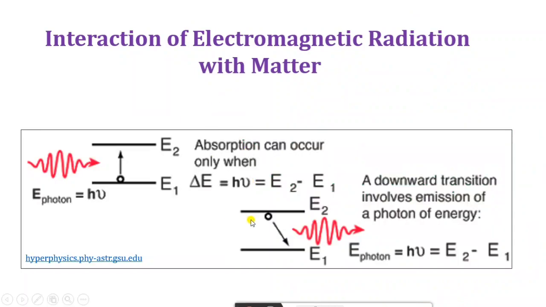So this is a general representation. When a molecule absorbs a particular amount of energy, that molecule goes from the ground state or lower energy level to the next higher energy level, whether it be rotational, vibrational, or electronic.